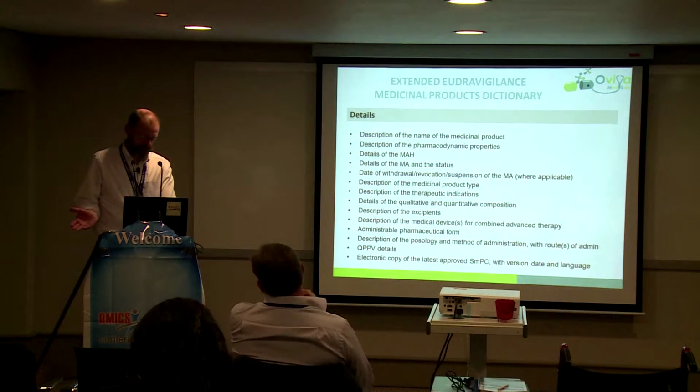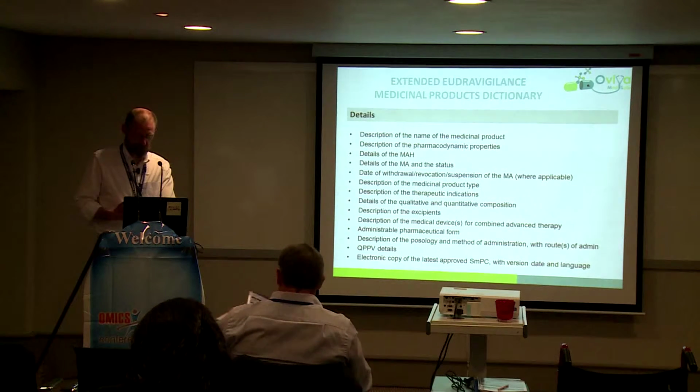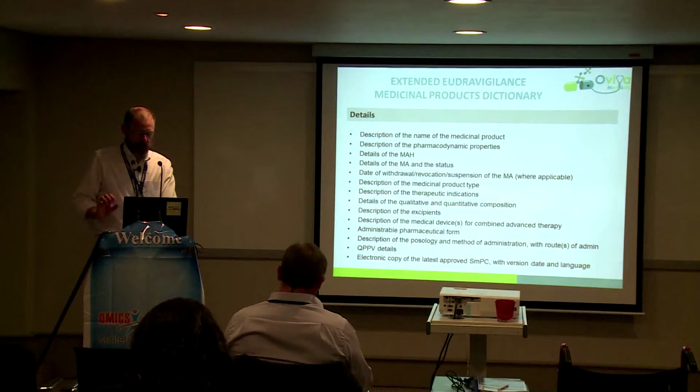But things like the administrable pharmaceutical form, method of administration, the routes of administration, that sort of thing. Crucially on there, QPPV details, and they have to be current, obviously.